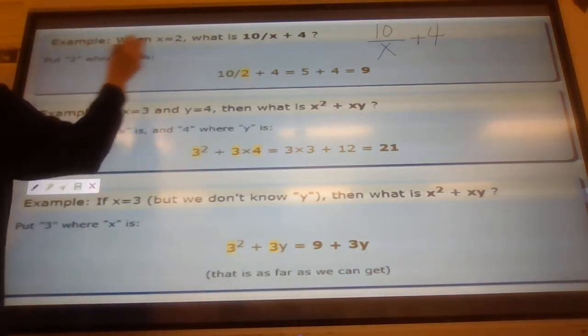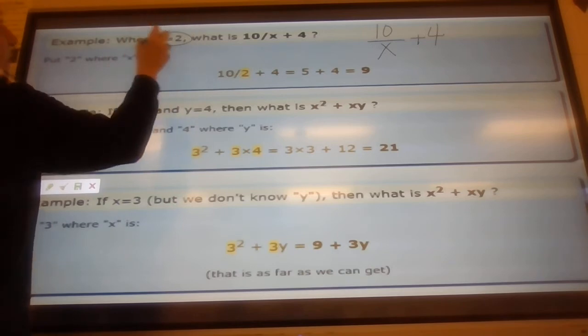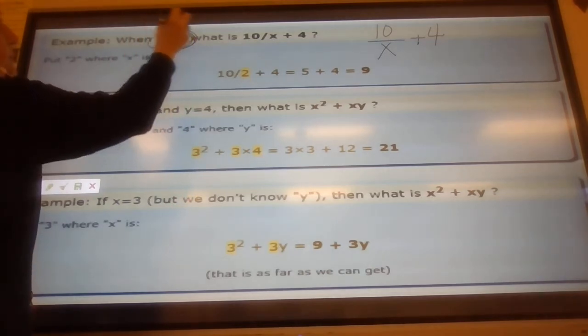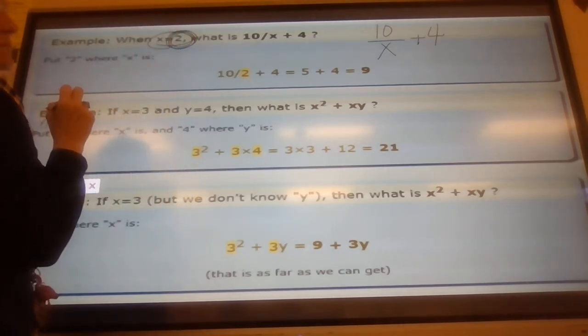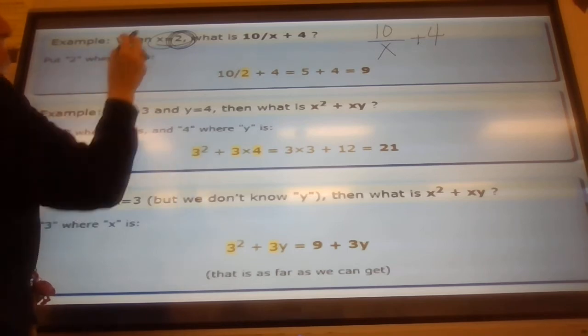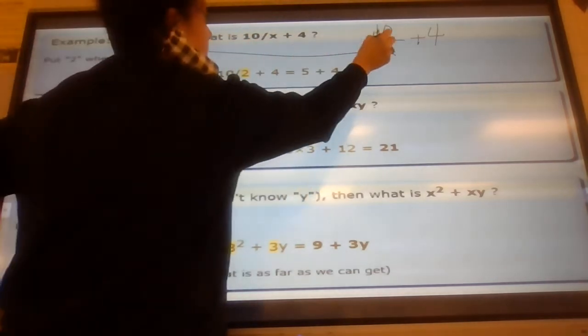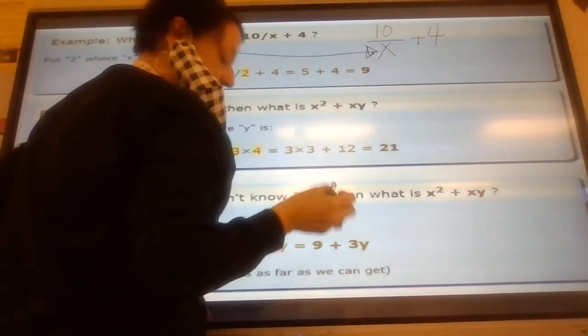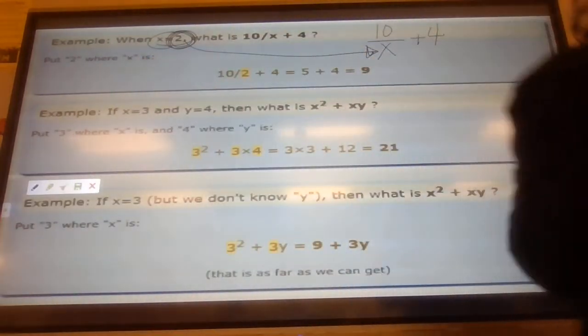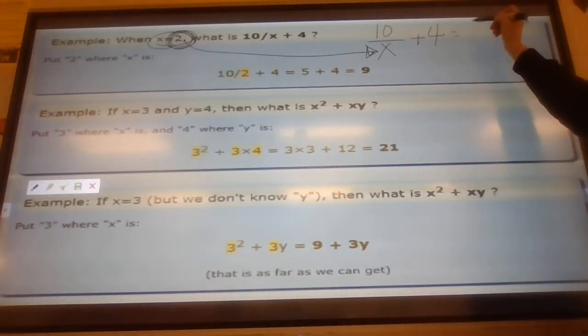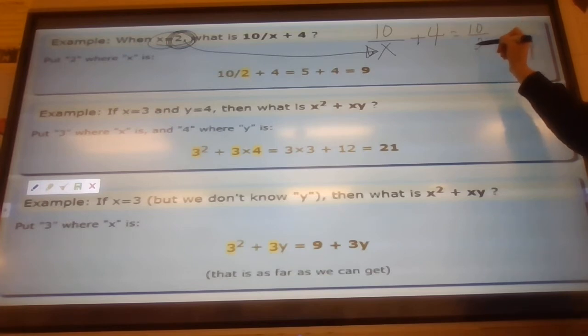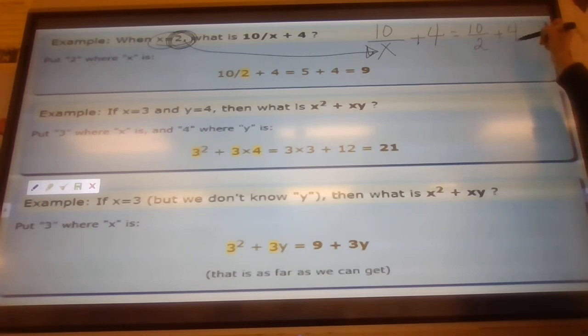So x equals 2. Circle that and then circle that 2 real good. So we've got to take that 2 and put it right there for that x. And when we do that, we are going to rewrite the problem. So now we have 10 divided by 2 plus 4. Okay?